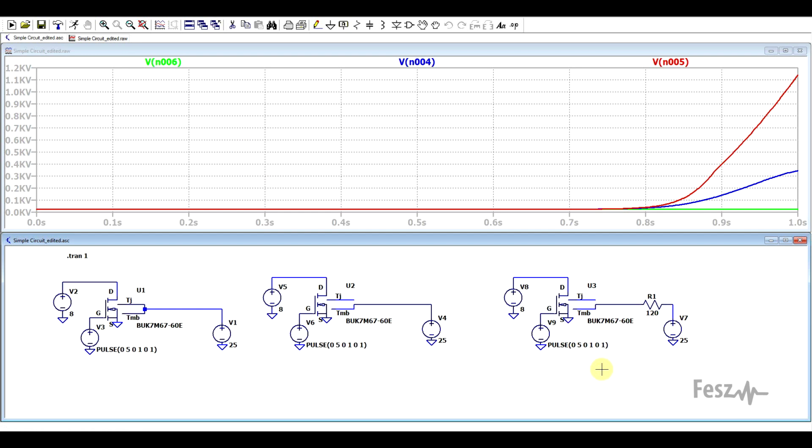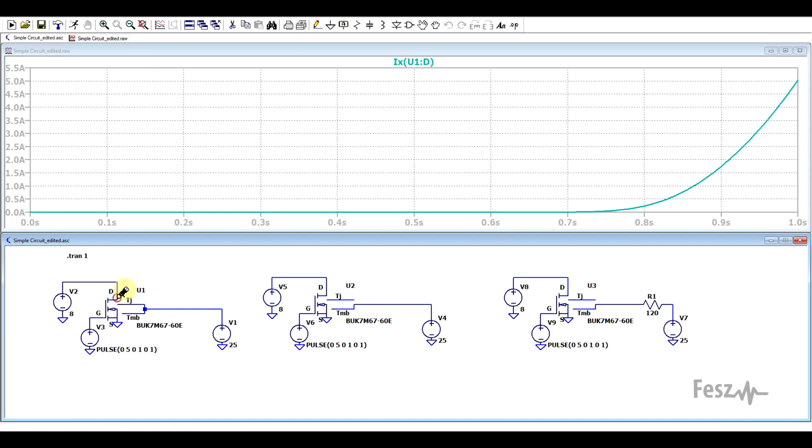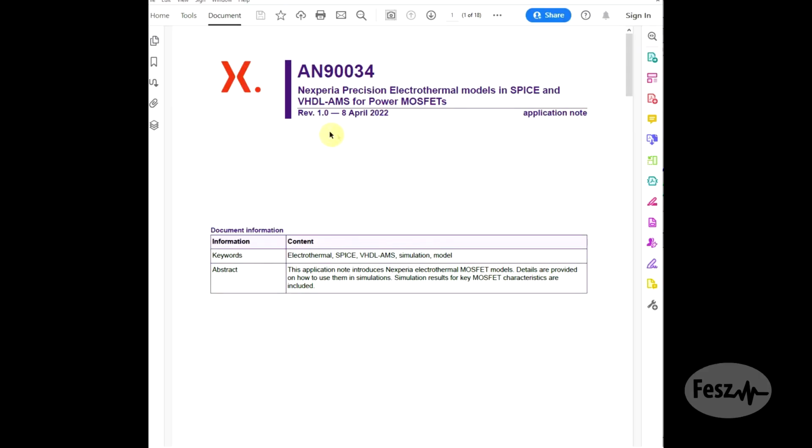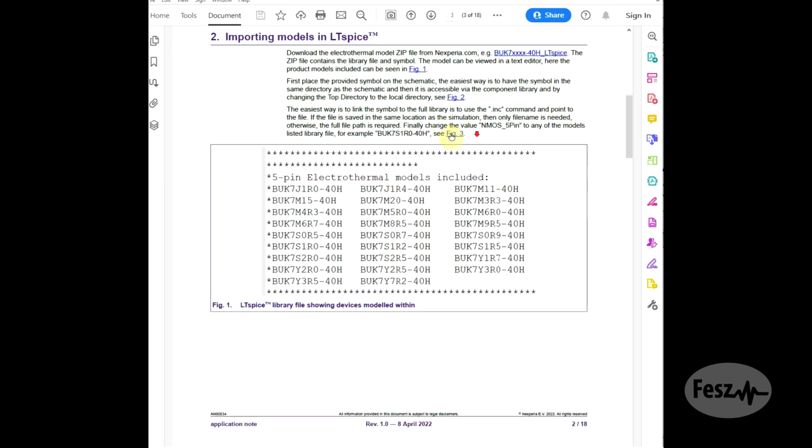And the really interesting thing here is that even though the supply and the drive signal are the same in each case, if we check the three drain currents, these are all different. So this highlights that the transistor's behavior is taking into account the junction temperature. Now, for more information on this topic, the library also contains a proper application note describing how it all works.